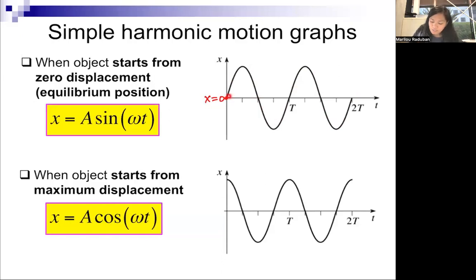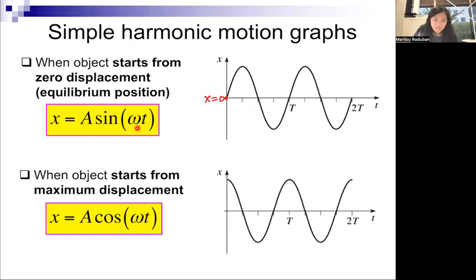So if you see such a graph that starts from x is equal to 0, x is of course the displacement of the object, then the mathematical equation that you use to describe this sinusoidal graph should be this A times sine of omega times t.